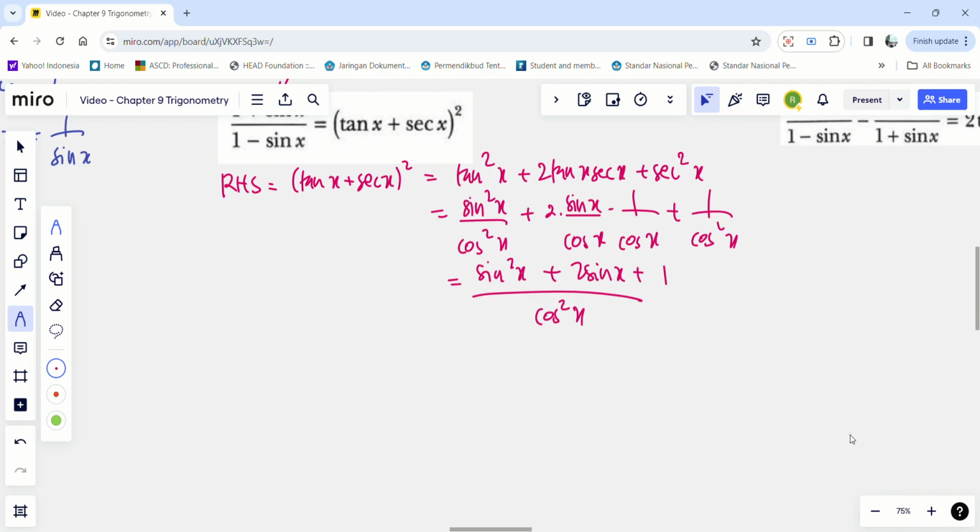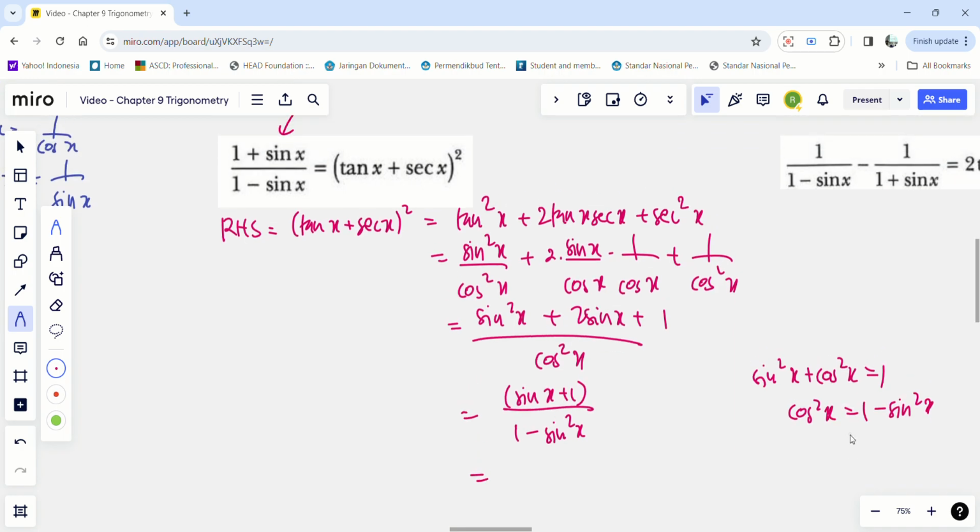So now we come to here, and if you see, the upper side you can factorize, so then it becomes sine x plus 1. But the below side is still cos squared x, and we don't need cos. What we need is sine, so I can change it by using still the basic identity. So from here, I can rearrange a bit, so I got this, right?